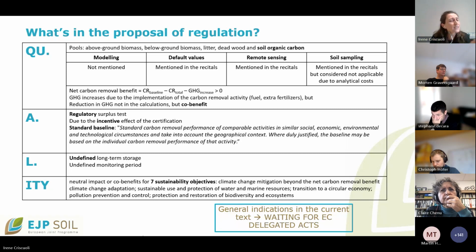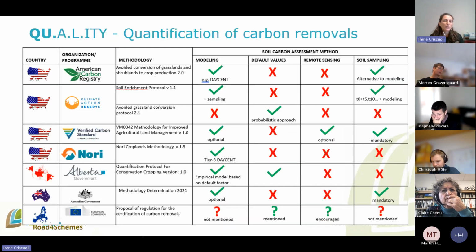But abroad, there are other highly applied standards of carbon removals. For example, in the United States, Canada, and Australia, some of these standards are proposed by governmental bodies like in Europe. So it is interesting to compare the European case with them.